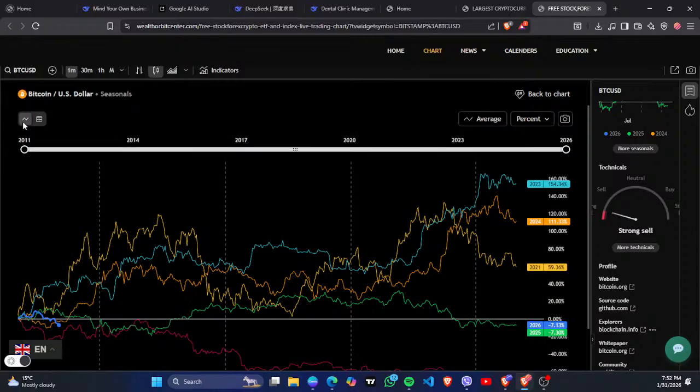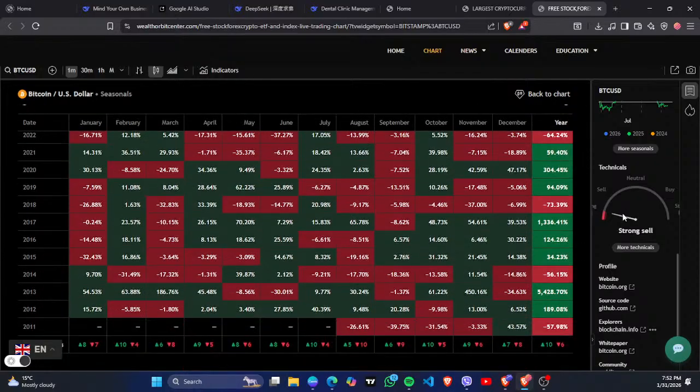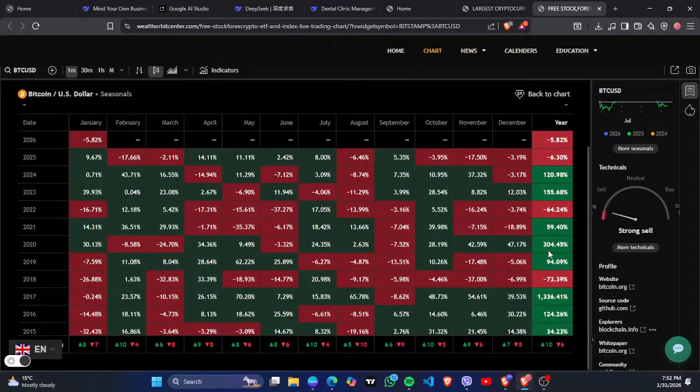Okay, from 2011 we are able to see the seasonal indicator, and up to 10 years, it has provided very high returns. It has provided the maximum return in the year 2013, then 2012, and in 2011 it was negative. Then 2015, 2016 were good years for Bitcoin.